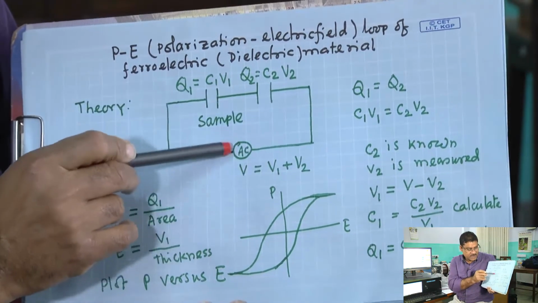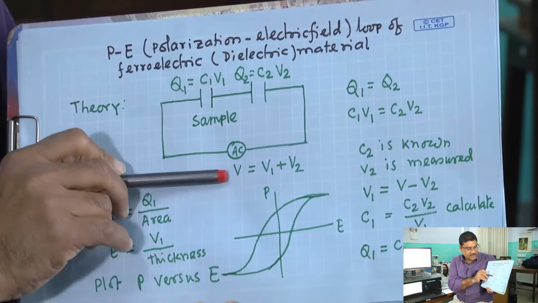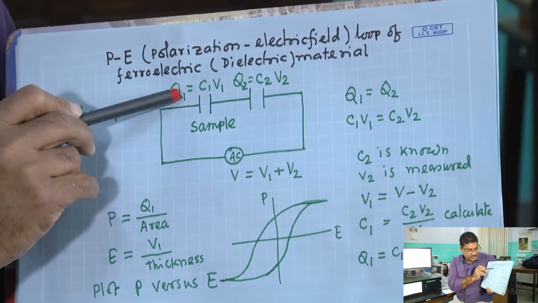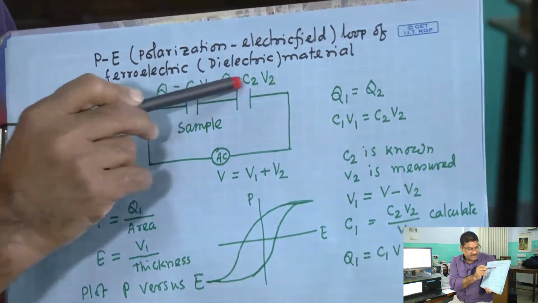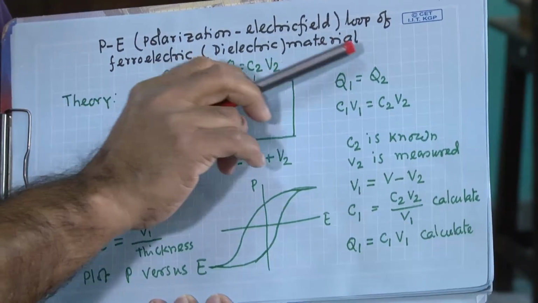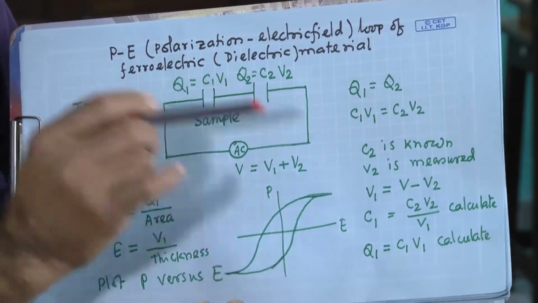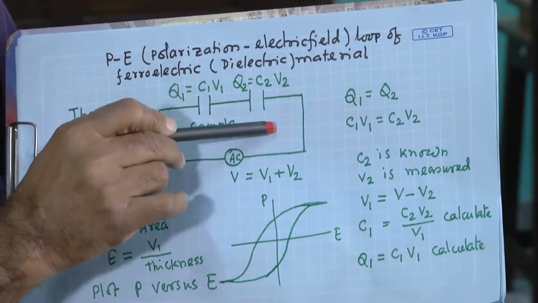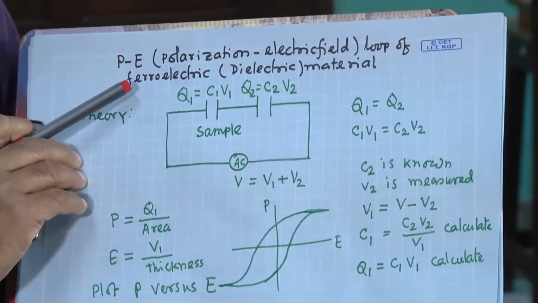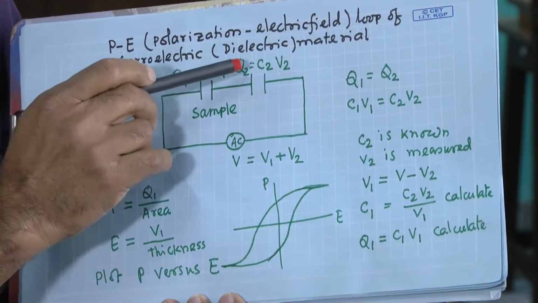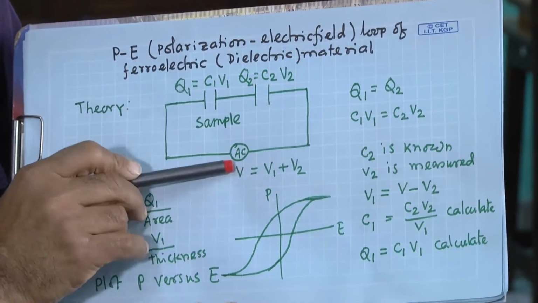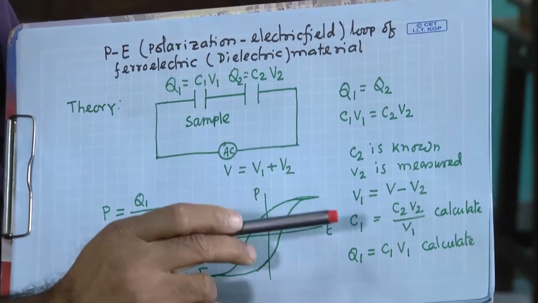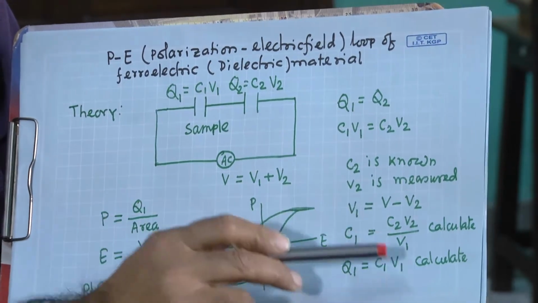Now, the AC voltage V will be applied in series. As I told you, we have to measure this voltage drop V2, and we have to know V, then we can get Q1 and V1.